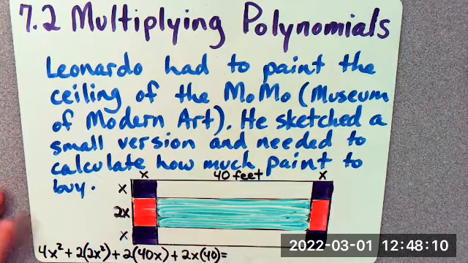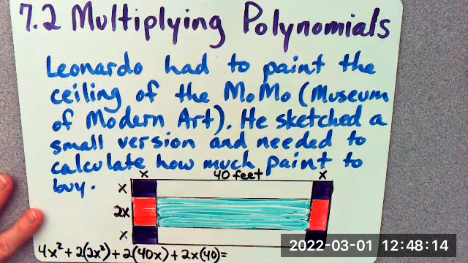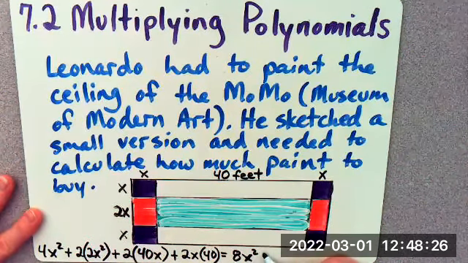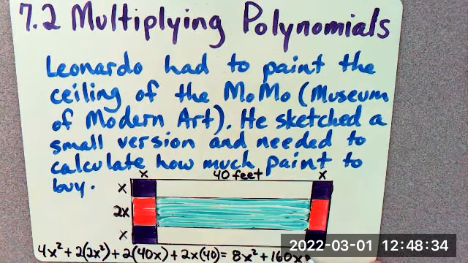So when we straighten this up, we see we have 4x squared plus 4x squared is 8x squared. And we have 2 times 40 is 80x, and 2 times 40 again is 80x. So 80 plus 80 is 160x. And that's what we have as far as total paint.